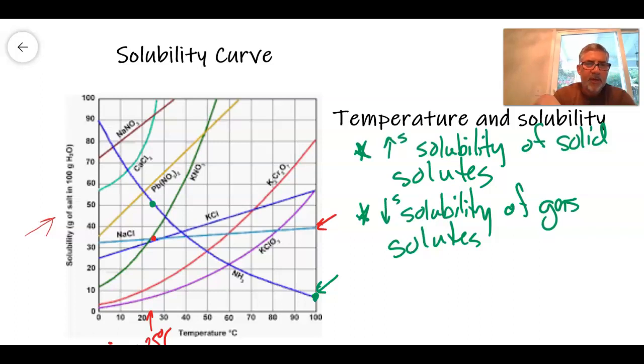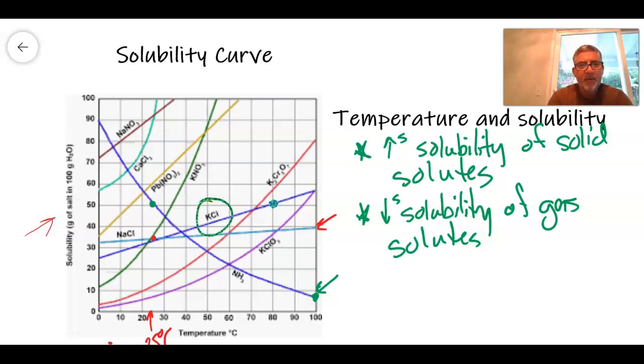If I was to try to add, well, let me put it another way. So if I had KCl right here, at 80 degrees, I get 50 grams.